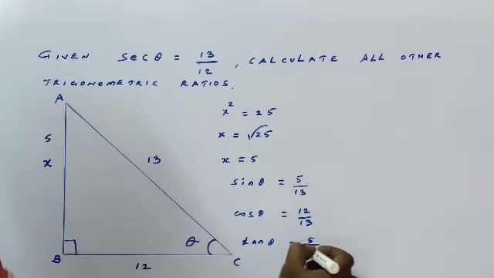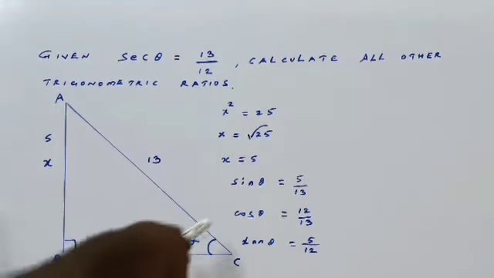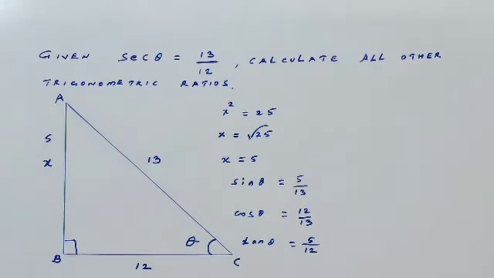Now you are going to find the reciprocal of sin theta, that is cosecant theta. Reciprocal of cos theta gives secant theta. Reciprocal of tan theta gives cot theta. So no need to observe separately for cosecant theta, secant theta, cot theta. Simply you can reciprocal the values, you can get cosecant, secant and cot values.